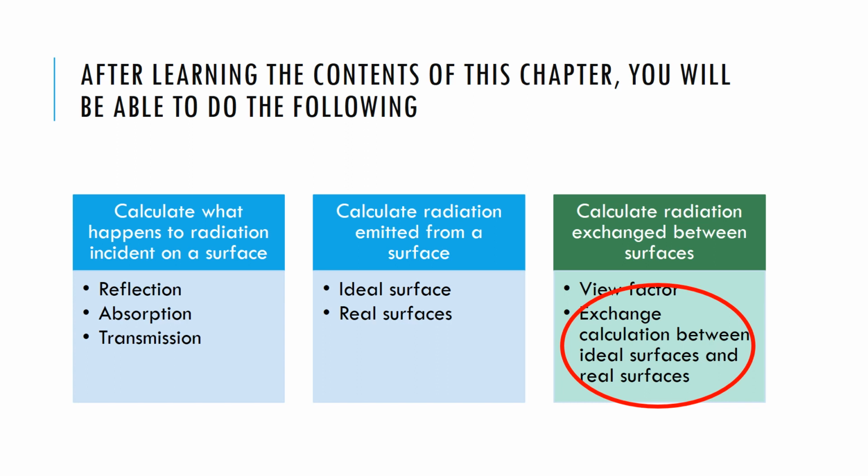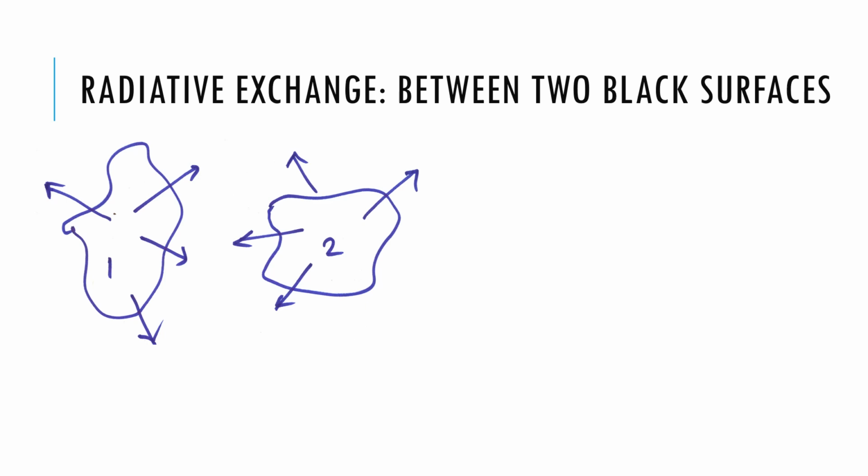Using the view factor formulas that we discussed, we can set up equations for radiative exchange between surfaces. Let us consider radiative exchange between two black surfaces. That's about the simplest situation that we can do.